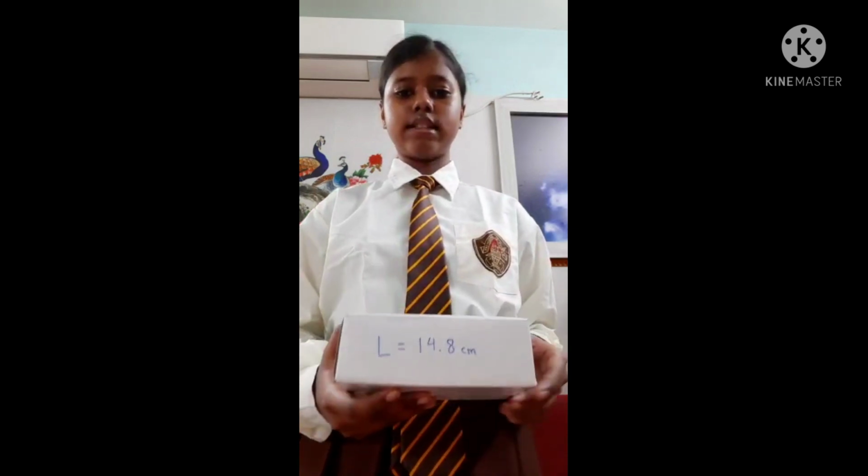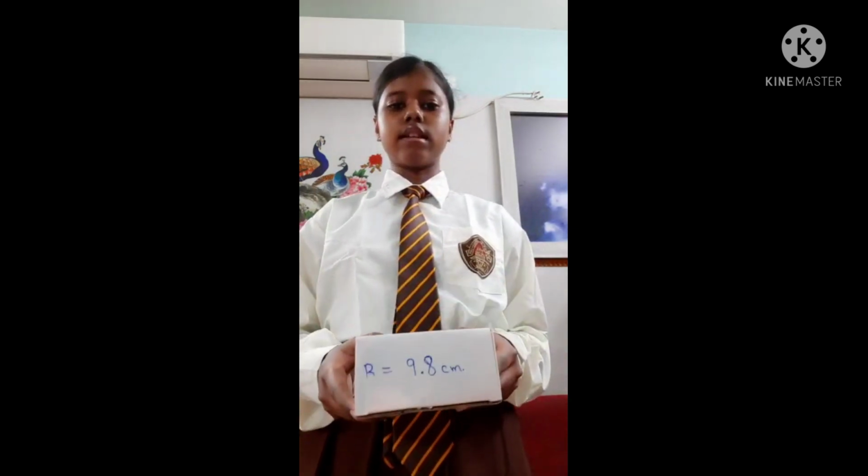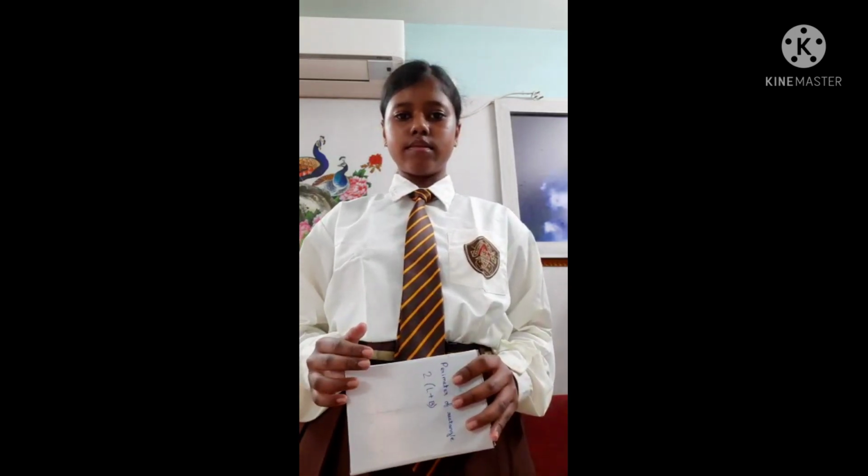So, the length of this box is 14.8 cm and its breadth is 9.8 cm. If we add those two numbers, the sum would be 24.6 centimeters. And if we multiply 24.6 centimeters by 2, then it would be 49.2 centimeters.